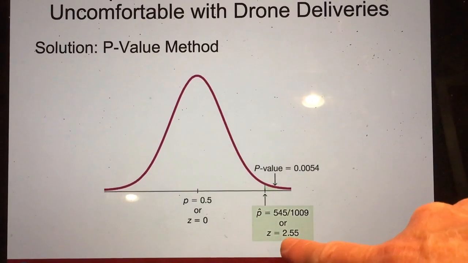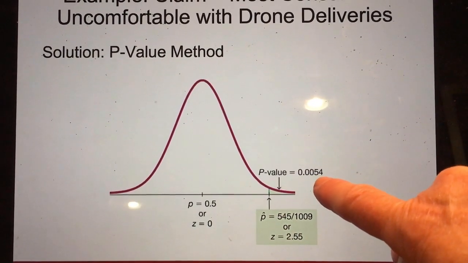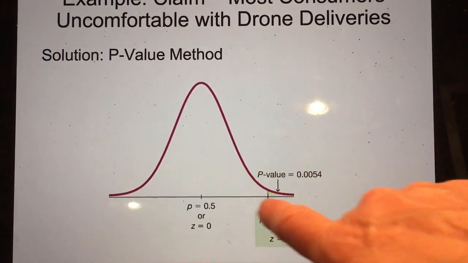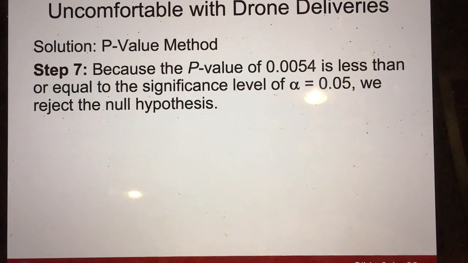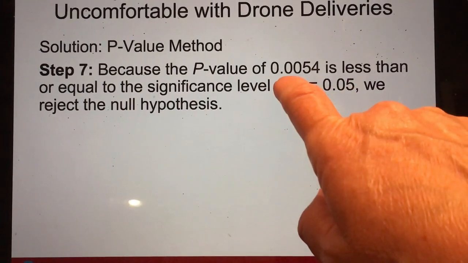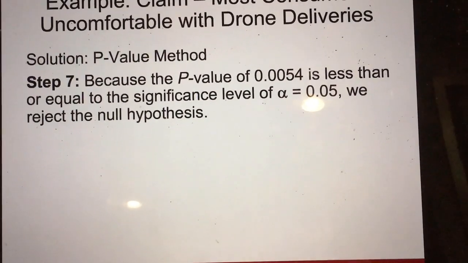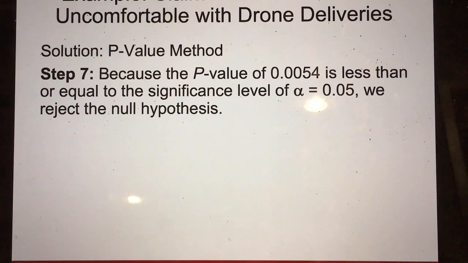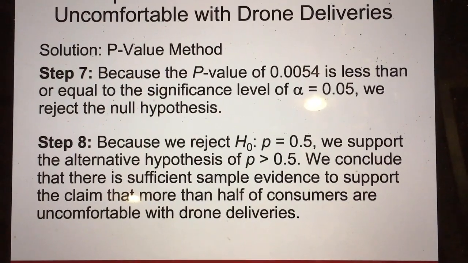So we get 2.55 goes with 0.0054. And we take the p-value, and to make our decision, we compare it to our alpha. Our alpha was 0.05. Our p-value is 0.0054. That means our p-value is less than our alpha, and it appears in the tail.